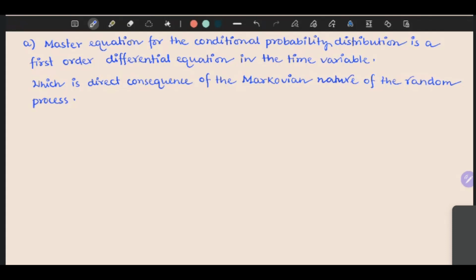Now, the solution of these equations actually requires a single piece of information, which is we need to specify the initial distribution of these things.